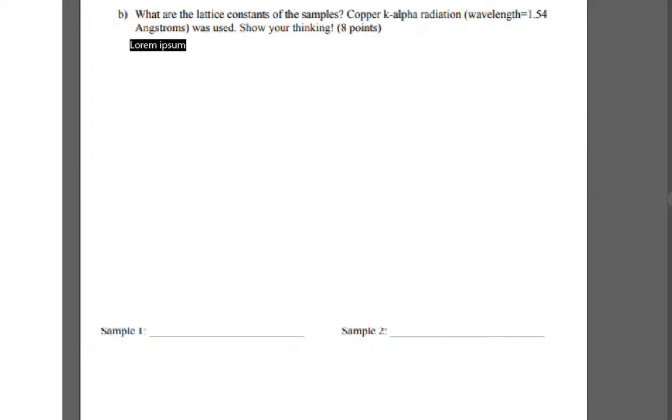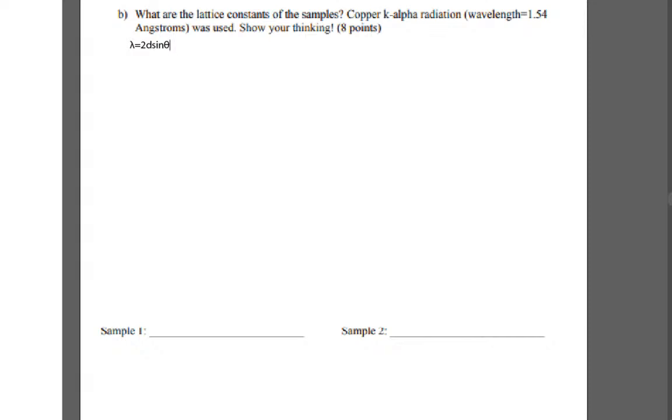So first things first, you got lambda. That would equal 2d sine theta, according to the formula that was given. If you just follow the thing, and okay, there it is, that's theta.